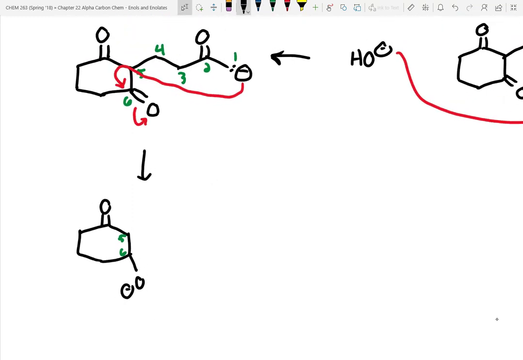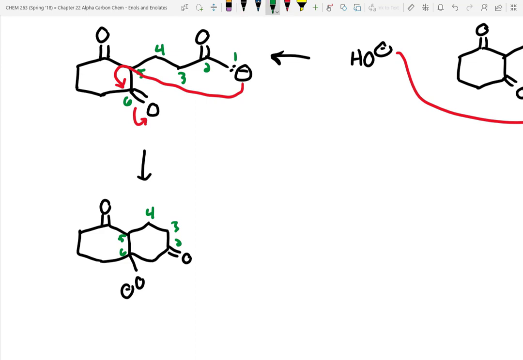We still have carbon 4 coming off up here. And then we go around to carbon 3. That's still there. Carbon 2 still has the carbonyl on it. So I'm going to label that as carbon 2. And then carbon 1 is now bonded to carbon 6.